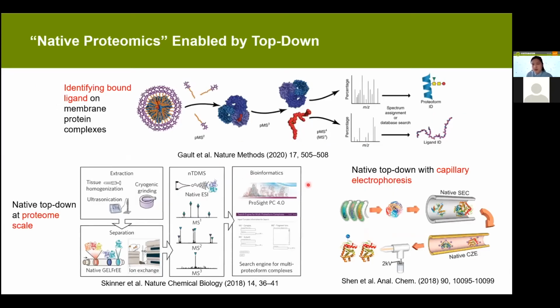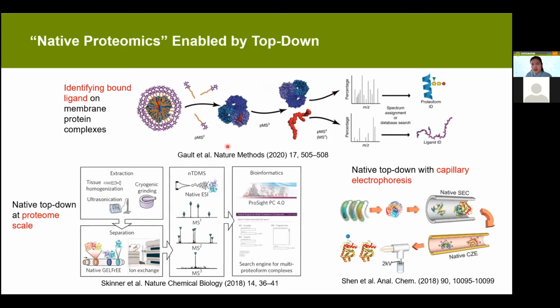So with all those nice activation techniques and options, this is a very inspiring example from Zhou, that you can actually identify an unknown bound ligand. If you start from a native membrane protein complex, you can activate and dissociate the little pieces from the complex and dissect them to identify what they are.